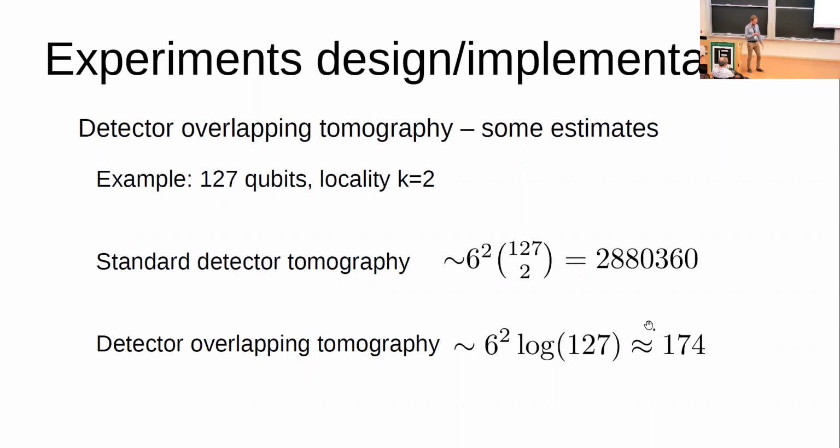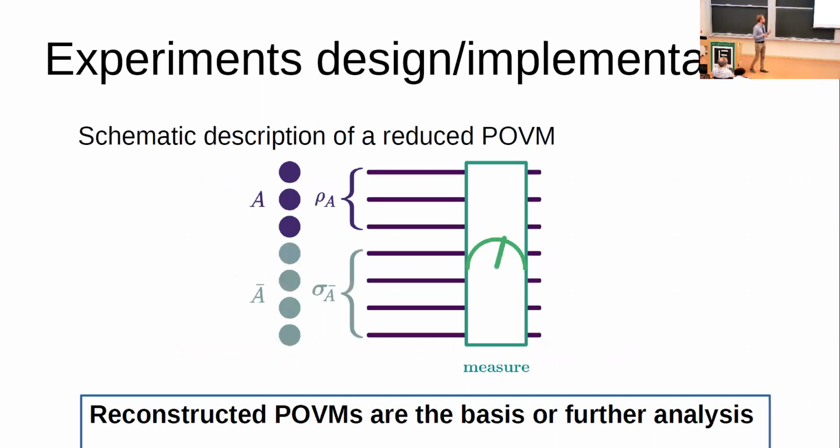So this is the only way to go if you want to deal with large devices. At the end of these experiments, what we get is a reduced POVM, a measurement operator describing measurement on those k qubits, and this is the basis for all further analysis that we do.